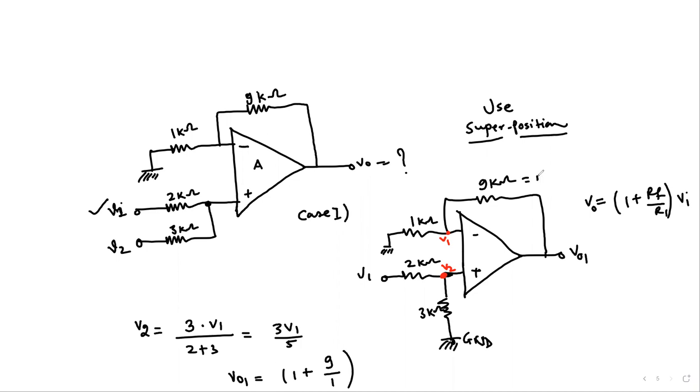So this is Rf actually, and this is R1 right over here, and multiplied by V2, because this is the input voltage that is applied to the positive input terminal. And therefore, we see that here 10 times 3V1 divided by 5. So it is 6V1. Okay, so that's the output voltage when only V1 is active.